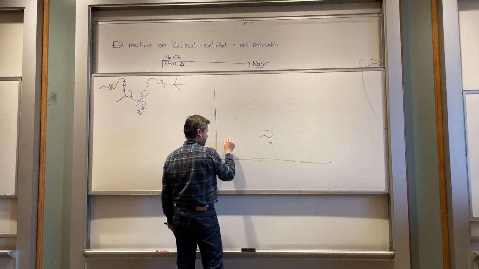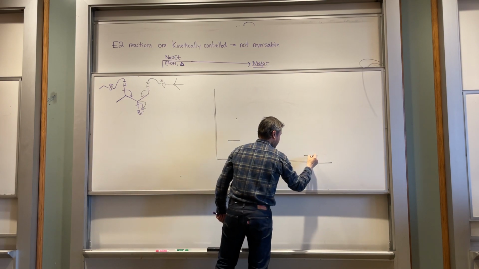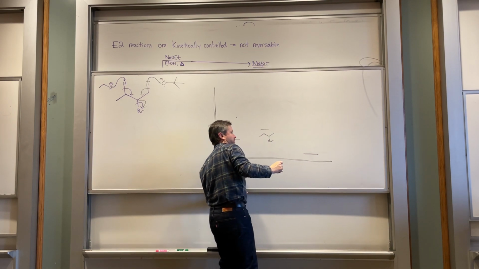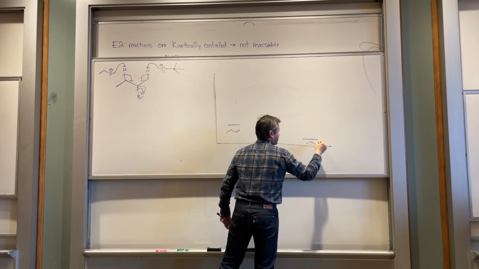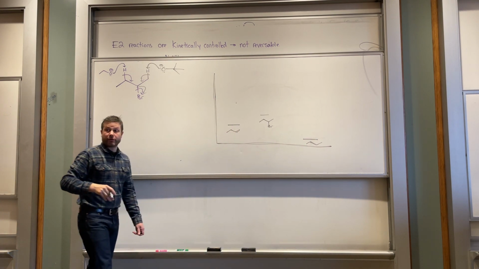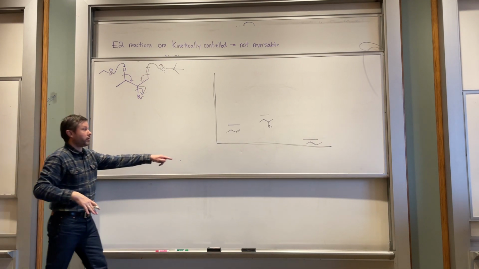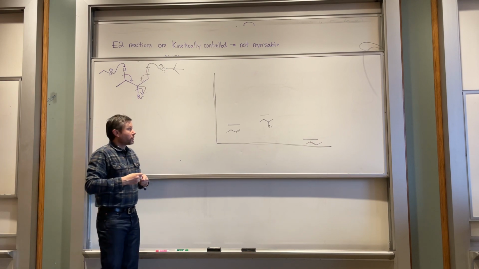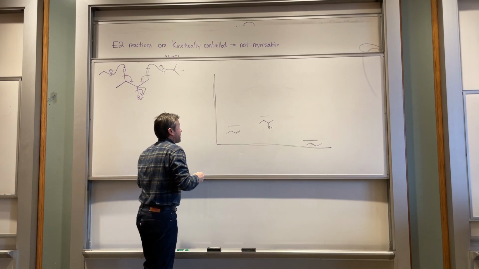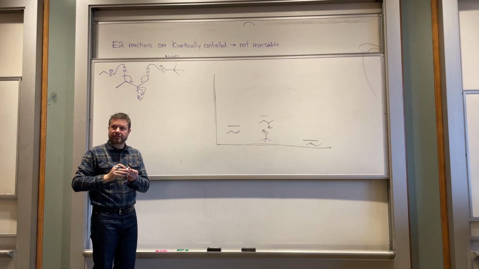We'll have the monosubstituted alkene on one side and the disubstituted alkene on the other side. We know the disubstituted alkene is going to be lower in energy overall thermodynamically, and the monosubstituted alkene is going to be higher in energy overall. And for this reaction we're using tert-butoxide, so we know it's a big, bulky base.